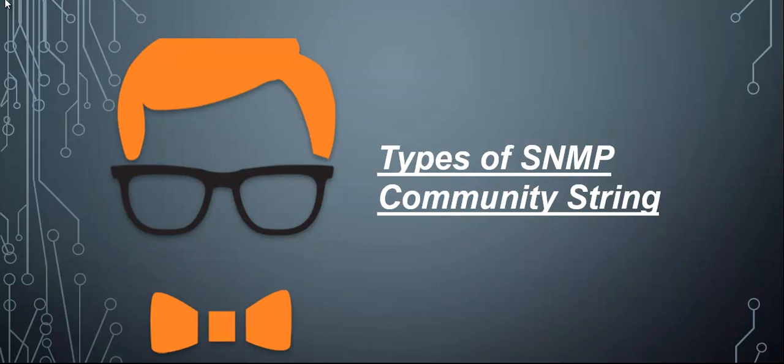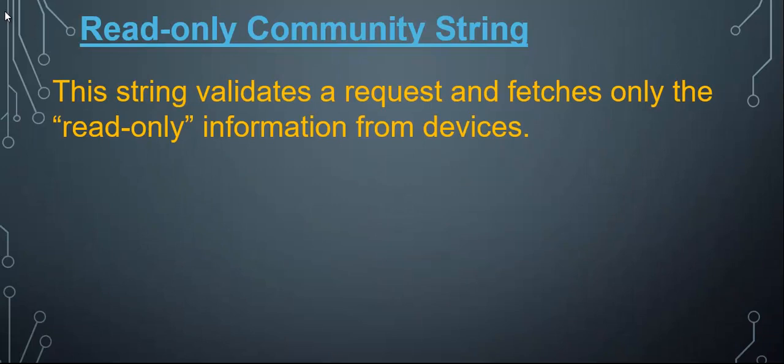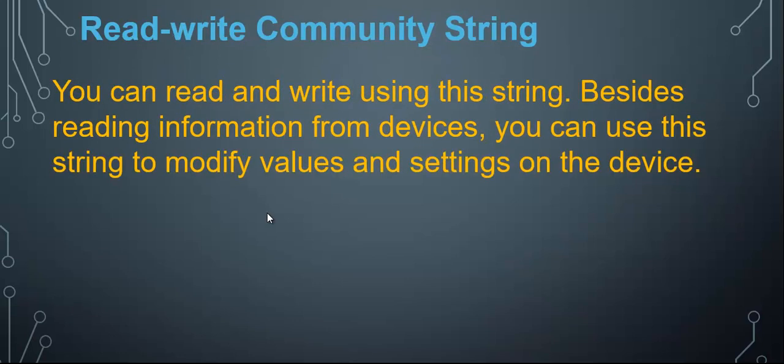So what are the types of SNMP community string? Number one is the read-only community string. This string validates the request and fetches only the read-only information from the device. Second one is the read-write community string. You can read and write using this string.